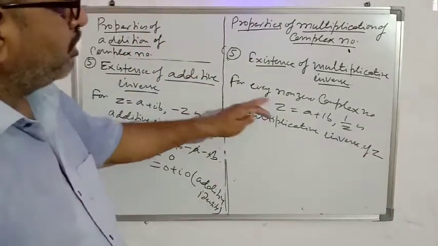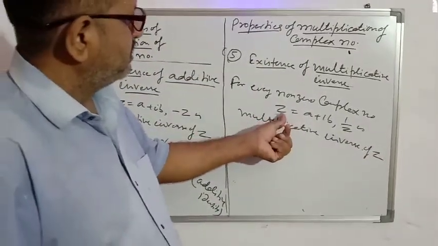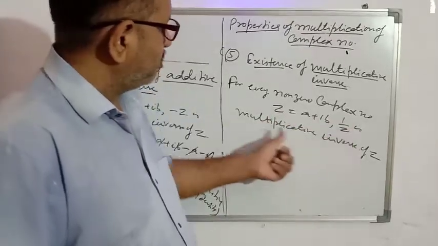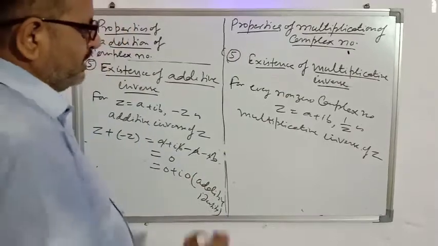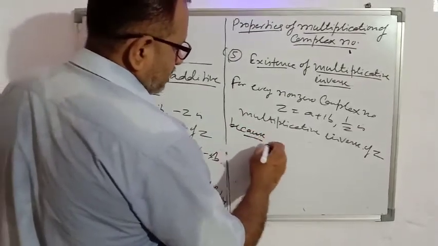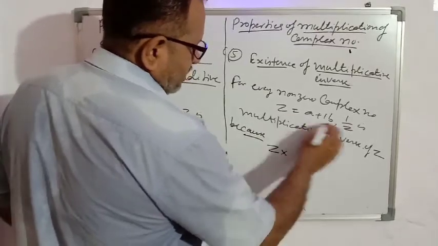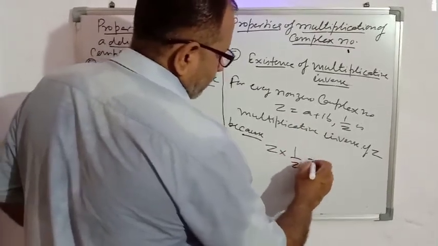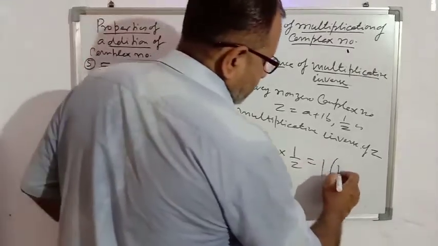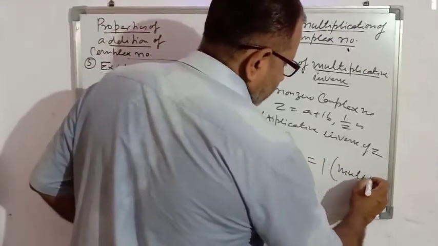So for every non-zero complex number z, 1 by z is called its multiplicative inverse. Why? Because if we multiply z by 1 by z, what do we get? 1. Z cancels, we get 1. 1 means multiplicative identity.